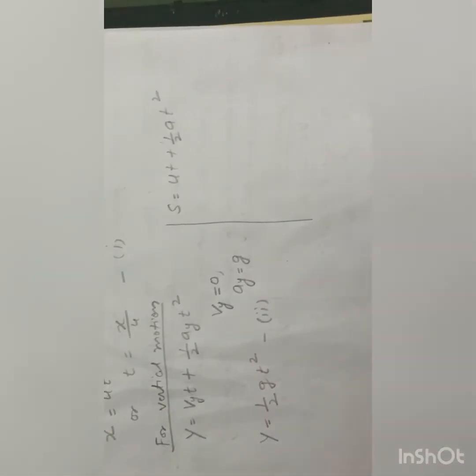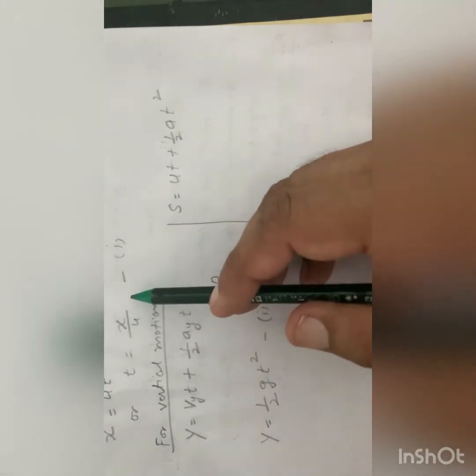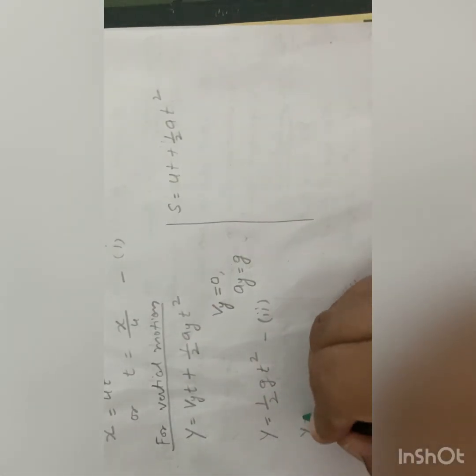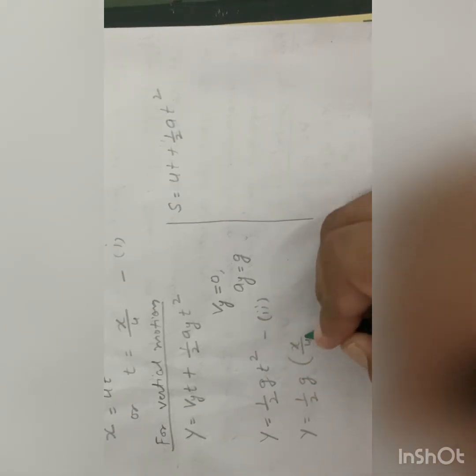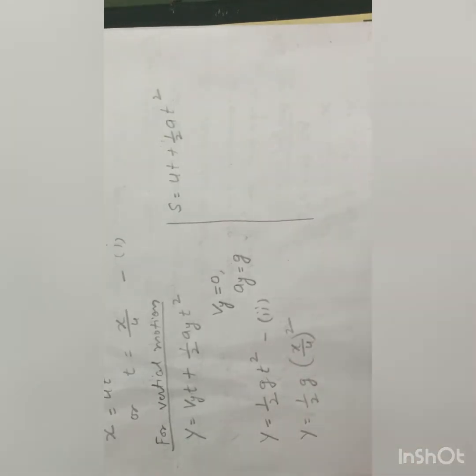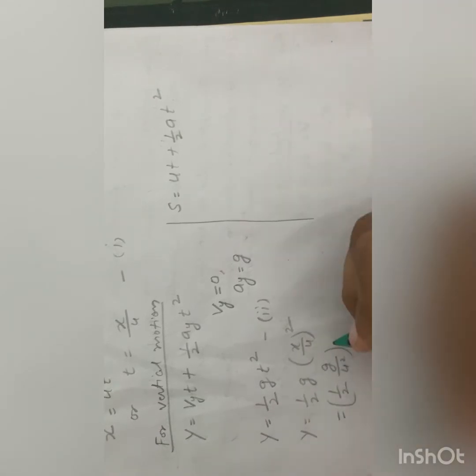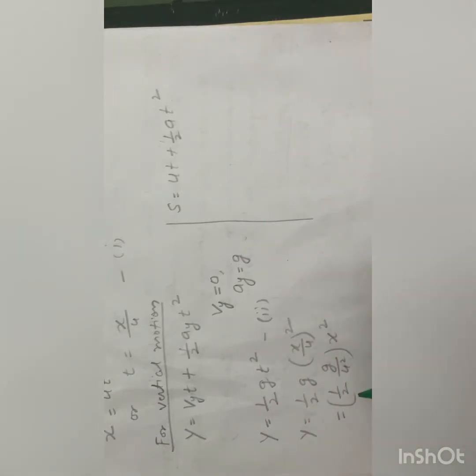Now put the value of t from equation 1. We get y equal to 1 by 2 g (x over u) square, so we get 1 by 2 g over u square times x square. Here 1 by 2 is constant, g is constant, u, the initial velocity, is constant.